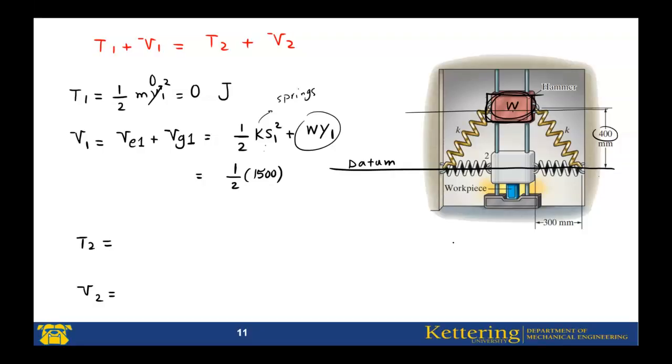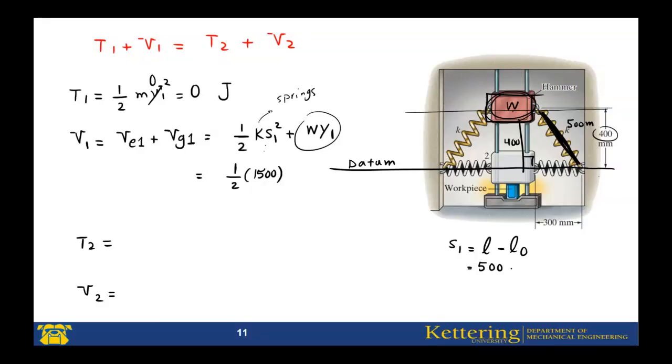To find S1, I will write here: S1 is the final length of the spring minus the unstretched length of the spring. The length of the spring at this position 1, if you calculate it, is 500 millimeters. This is 300, this is 400, and from this you can find this 500.